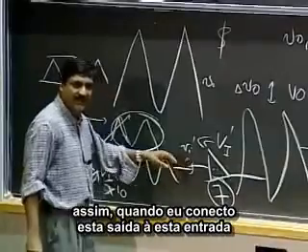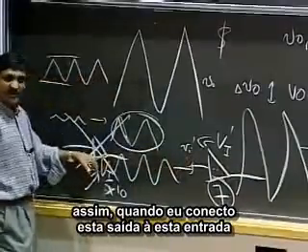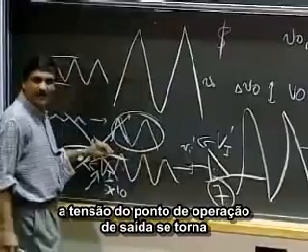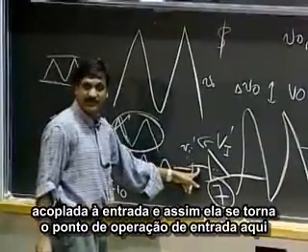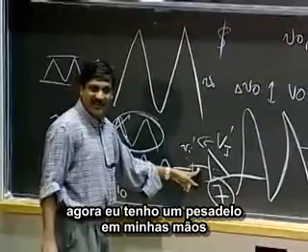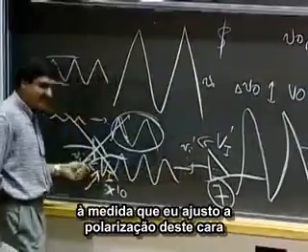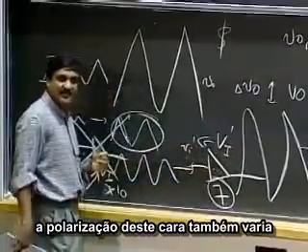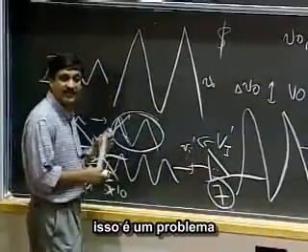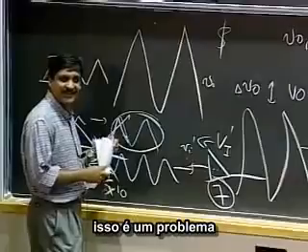So now I have a nightmare on my hands. As I adjust the bias of this one, the bias of that one changes too. The two are dependent. It's a pain in the neck.